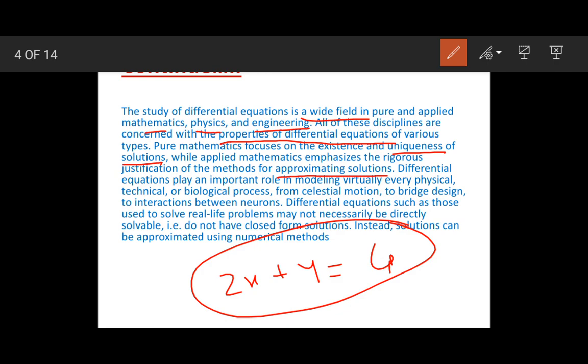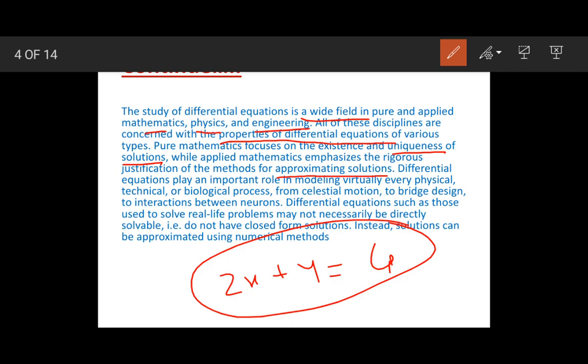Pure mathematics will give you a single answer, a single solution, while applied mathematics will give you an approximate answer. The pure mathematics answer is unique: it will be the same for everyone. That is the difference between pure mathematics and applied mathematics.